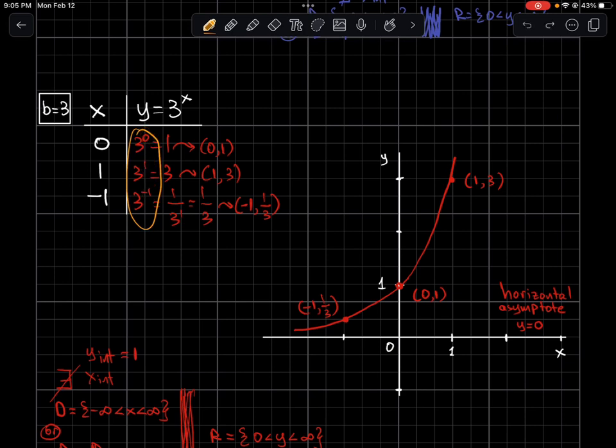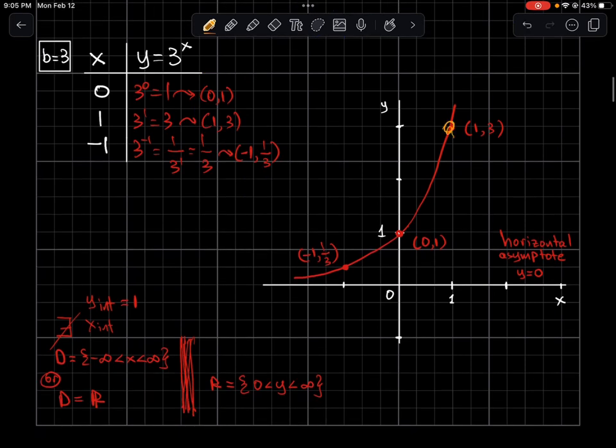Now let's evaluate. 3 to the 0 is always 1. 3 to the first is 3. 3 to the negative 1 is 1 over 3 to the first, which is 1 over 3. So those give me the points 0, 1, 1, 3, and negative 1, 1 over 3.